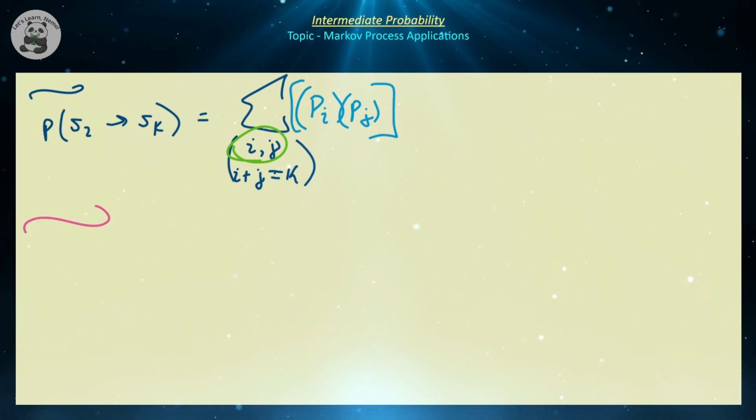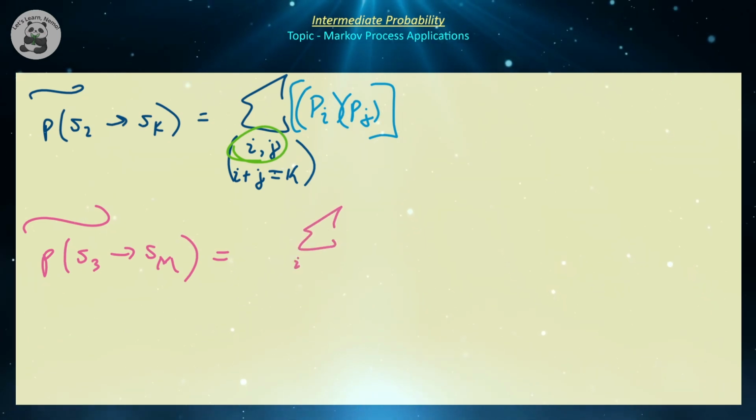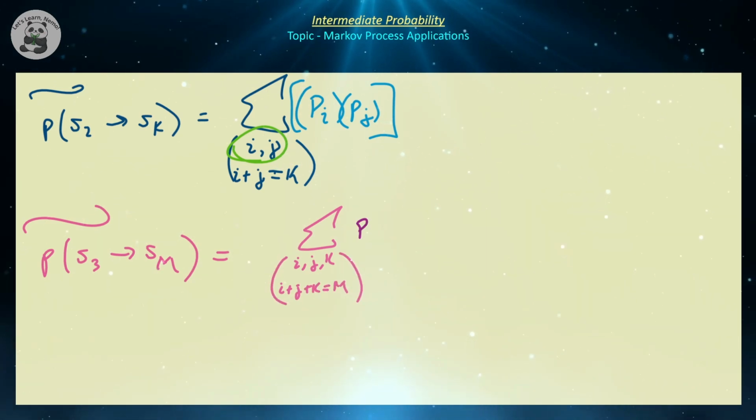So what about the probability of transitioning from S3 to Sm, for example? Again, m can range from 0 to infinity, discrete-wise. So take a moment and think about what you think this is going to be equal to, generally speaking. This is going to be the sum across all i, j, k indices, such that i plus j plus k is equal to m, of the product pi, pj, pk.